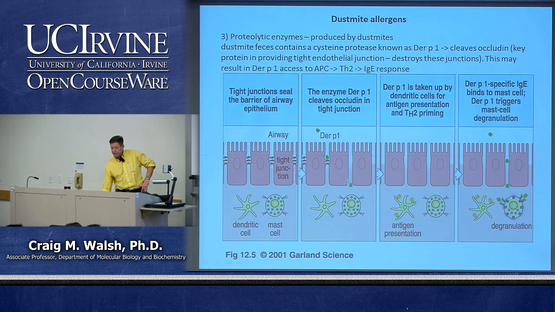And so the consequence of that then is that this epithelial layer is now permeable. The allergen can get inside of this tissue, where it can then bind to an antigen-presenting cell, lead to T cell activation, lead to the production of IgE, and then the degranulation of these. Okay. Any question about these dust mite allergens? All right.